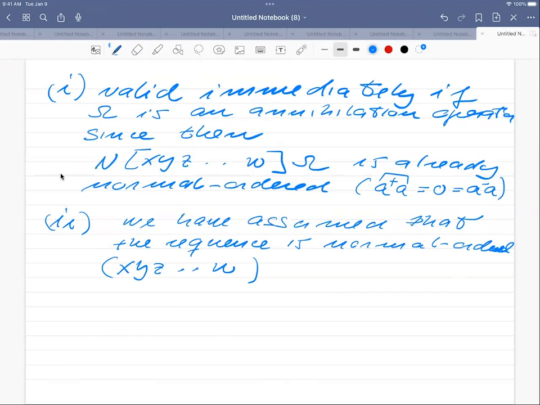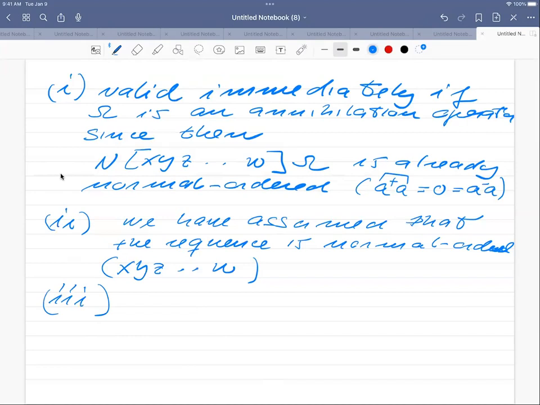The next part, which we need to think of, is that if this omega is a creation operator, the only thing which we need to prove then is that the XYZ operators, in case they are annihilation operators, that's the only case which can give us something different from zero.